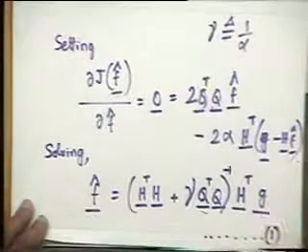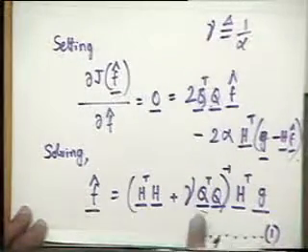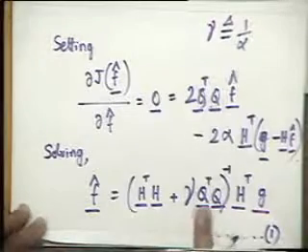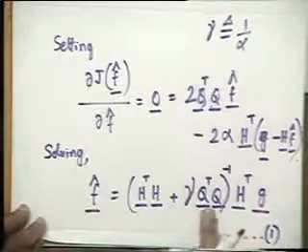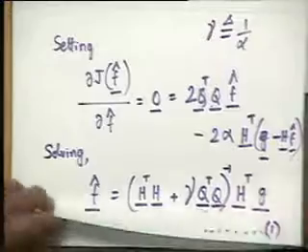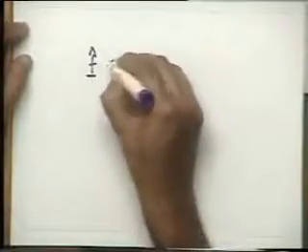So now I am going to rewrite equation number 1 by substituting RF inverse Rn in place of Q transpose Q.